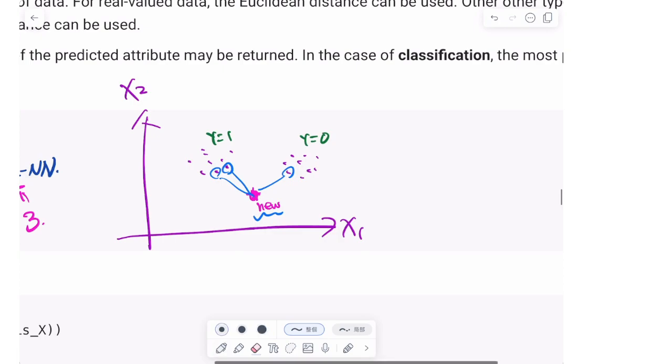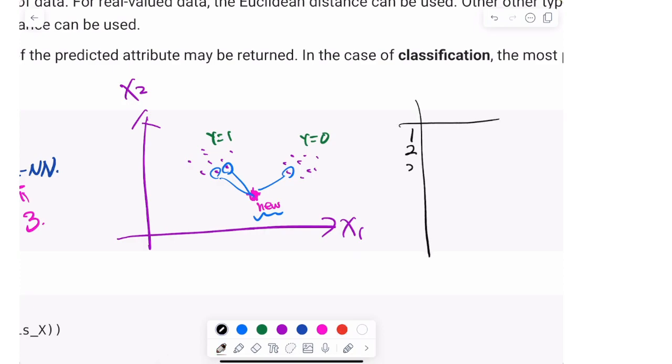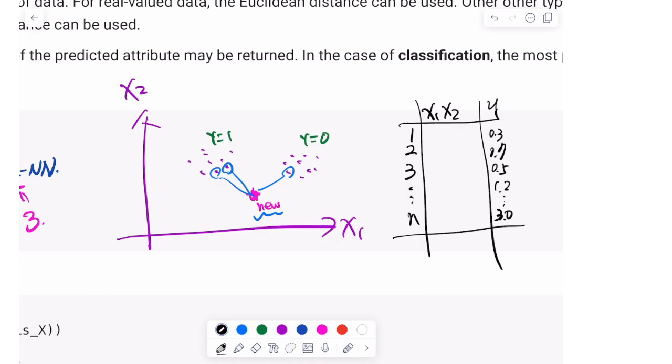KNN can be used for classification like this, and KNN can also be used for regression. That is how it works. For example, we have some data points right here, and we have a new data point right here.